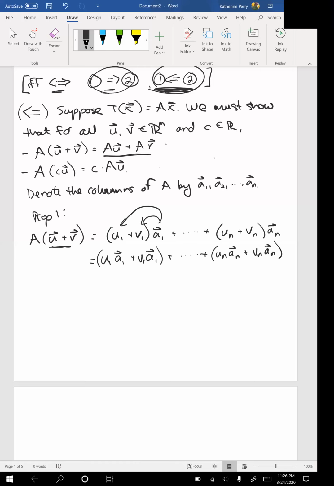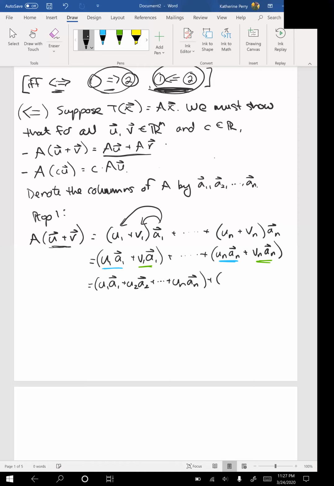And here, let me separate out the terms that have U's in them versus the terms that have V's in them, and then collect them accordingly. So this is the same as taking U1 times A1, maybe U2 times A2 if I had written that, all the way to Un times An. And I can do the same thing for the V's.